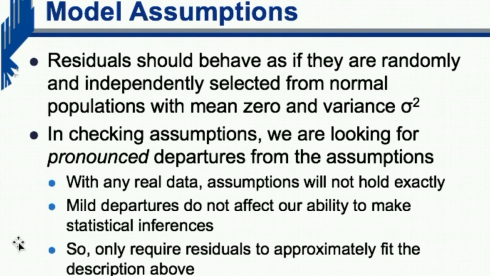And we are not really looking for minor deviations from the assumptions. So we can only say that the assumptions are violated if there are pronounced departures from the assumptions. So if the assumption is clearly violated, as shown in the graphs and the tables later, then that's the only time when we can say that the assumptions are violated.